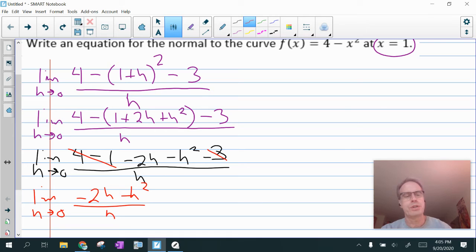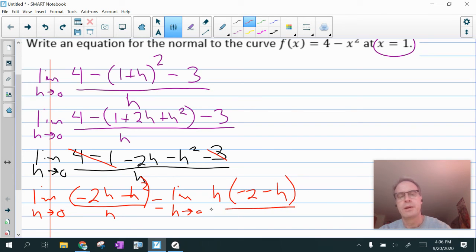all over h, which I could look at and just say that that's going to be the limit as h approaches 0 of h times negative 2 minus h, all over h.